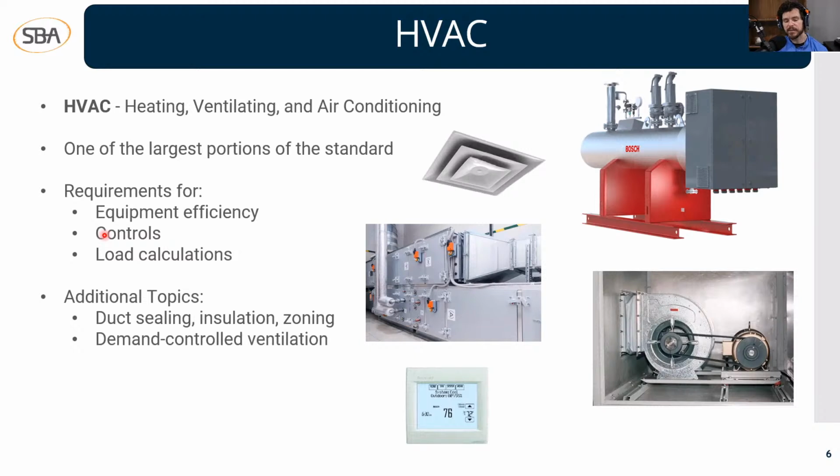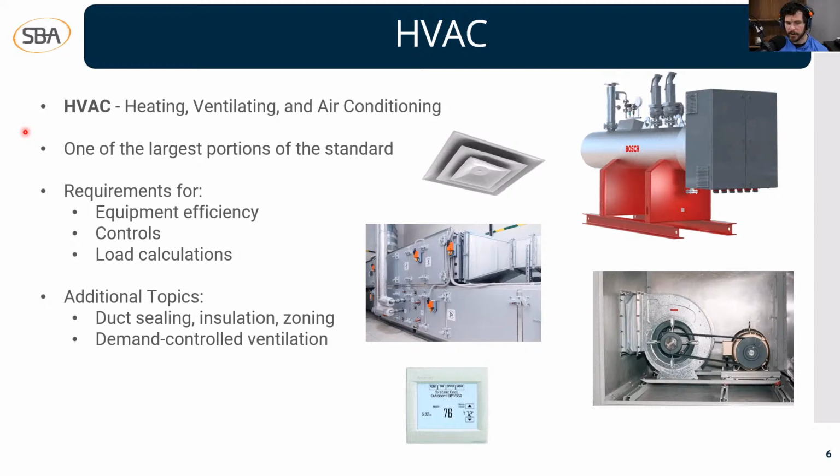So ASHRAE 90.1 covers minimum equipment efficiencies, required controls like your economizers and variable speed drives, and also load calculations, which we've gone over on a previous podcast. Yes, you actually have to size your systems correctly.